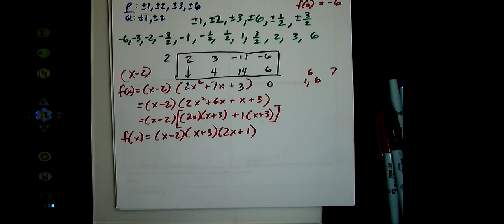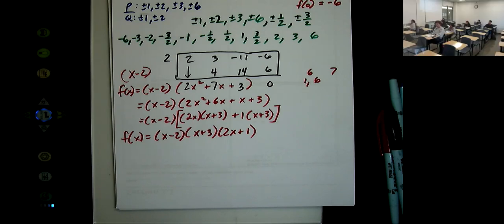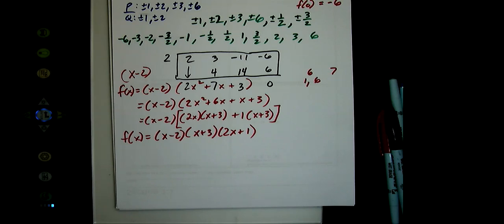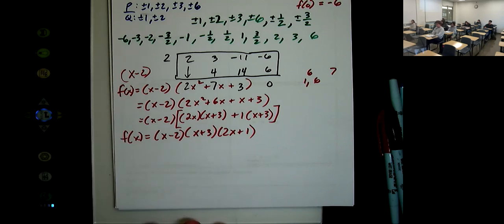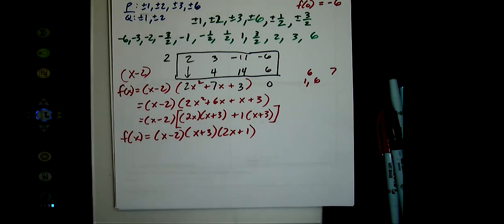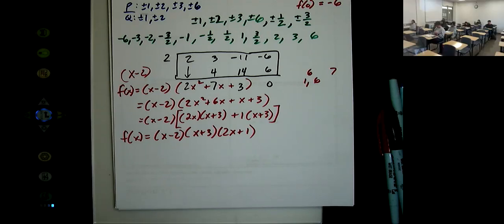Yes, fraction, wrong word. Because 2x plus 1, not necessarily. We could have a 2 out front. It didn't happen in this case, but it is possible. Okay. We'll look at an example in a second.